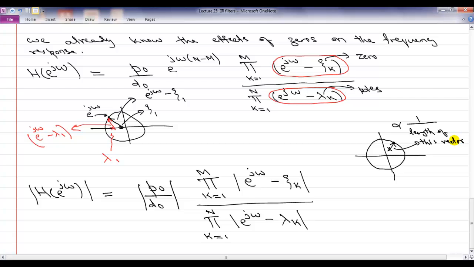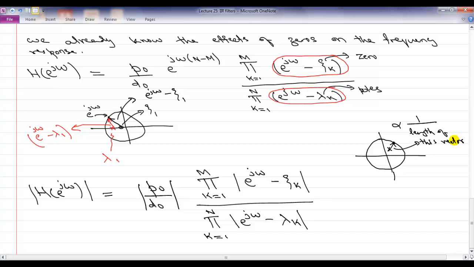Now, as the pole gets closer to the unit circle, as the pole gets closer to this point omega, what is happening to the length of the vector? It is getting smaller. Right? So what does that mean in terms of 1 over the length? That is becoming bigger. If a pole was on the unit circle, then the length of that vector is 0, and 1 over the length will be infinity. Right? So you don't want the pole on the unit circle because that will just blow up the magnitude at that frequency.